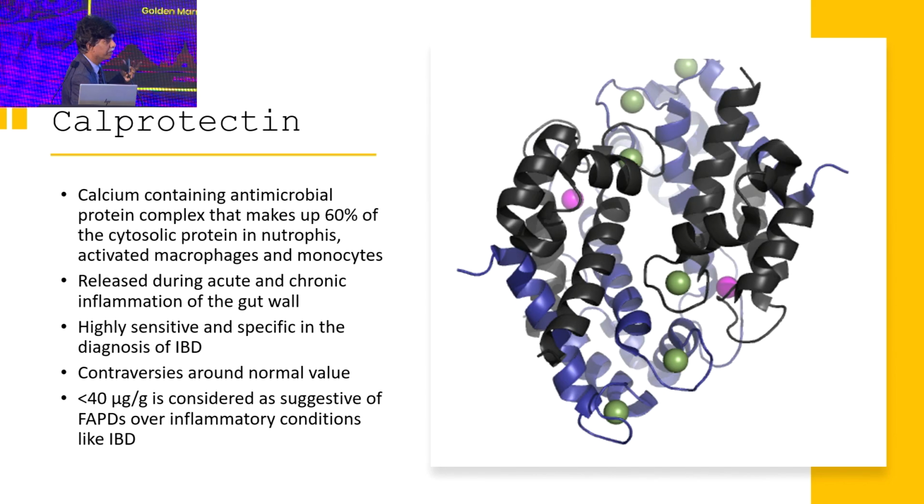So a normal fecal calprotectin is such an important thing if you want to do it. But in Sri Lanka, the problem is we get positive or negative calprotectin, we don't get a value. So I generally don't do it because it doesn't give me any added advantage in diagnosing.